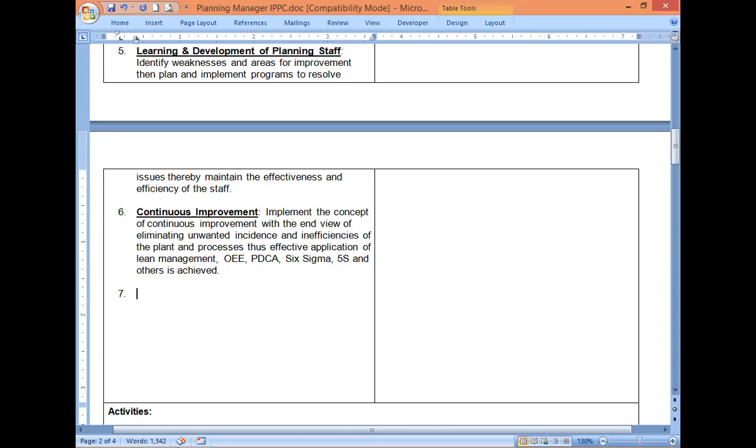So it's important that you coordinate. You always have meetings with these guys almost the entire week. The planning manager is attending training, rather meetings, with other functions.